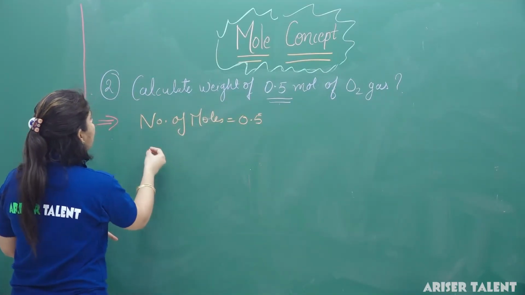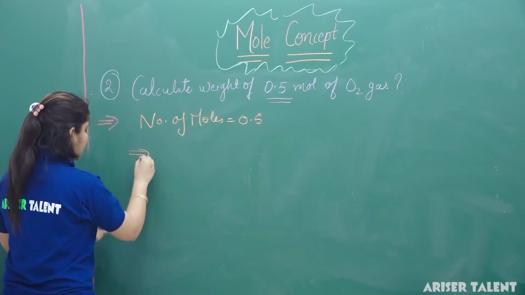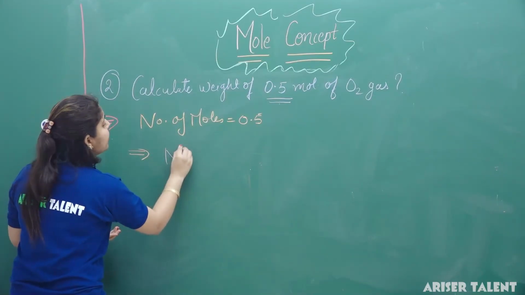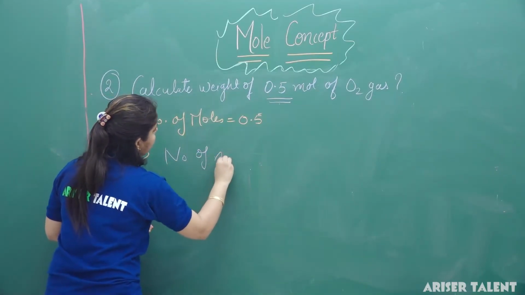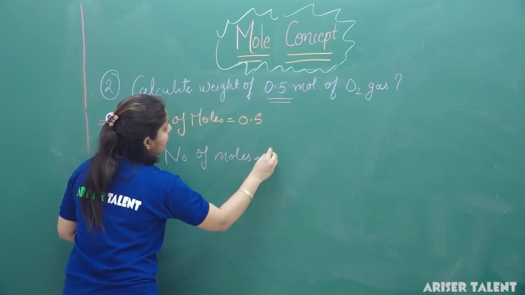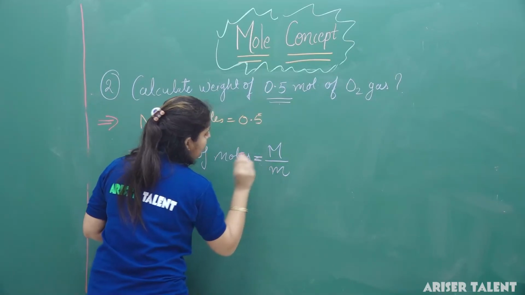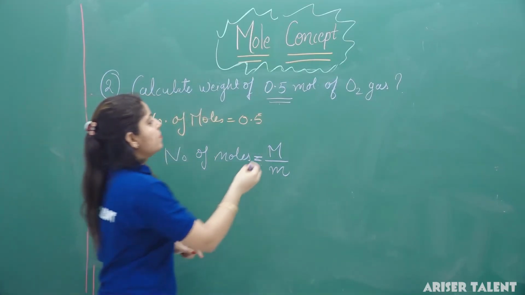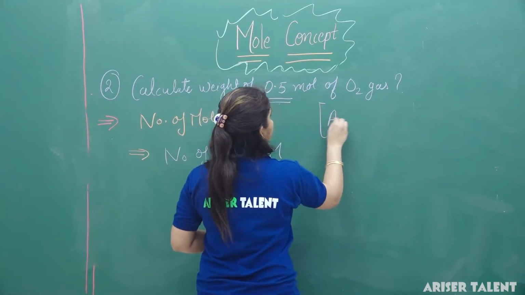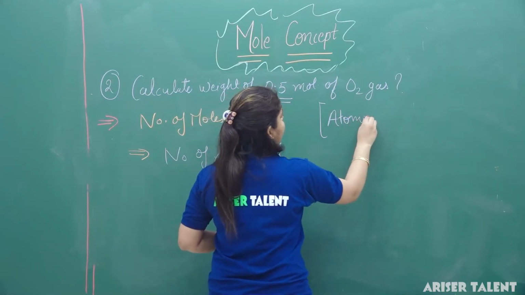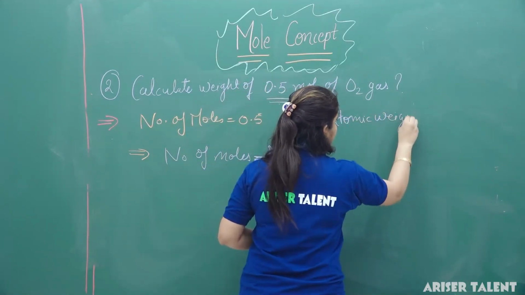The weight of the O2 gas will be calculated using the formula for the number of moles, that is equal to small m upon capital M. For O2 we will calculate the molecular weight here.